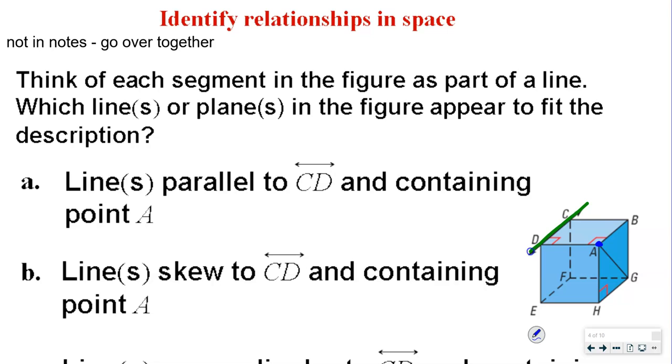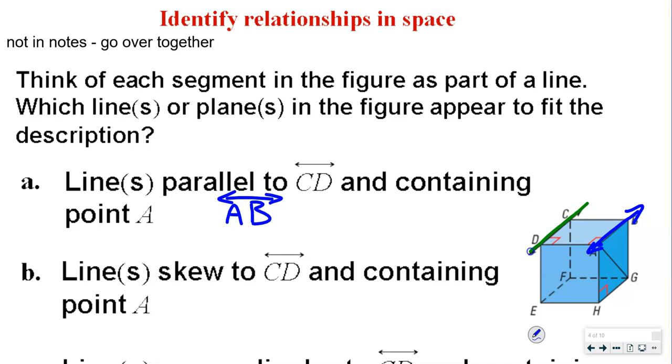So anything that is parallel and contains point A, that would just be AB. Since it needs to contain point A, AB is the only one that works there.